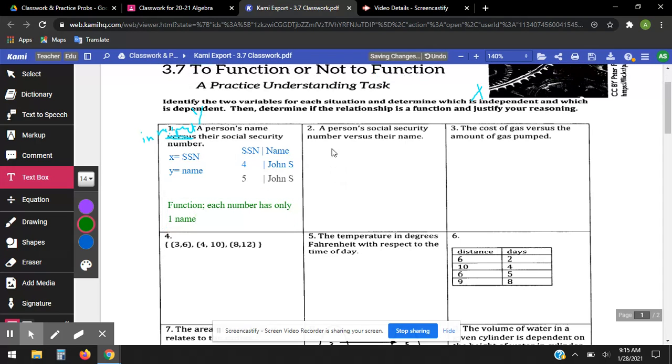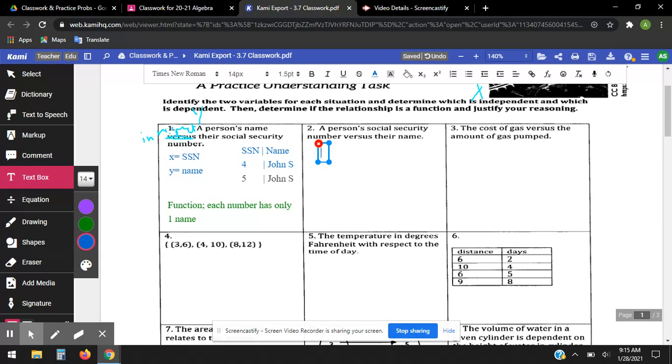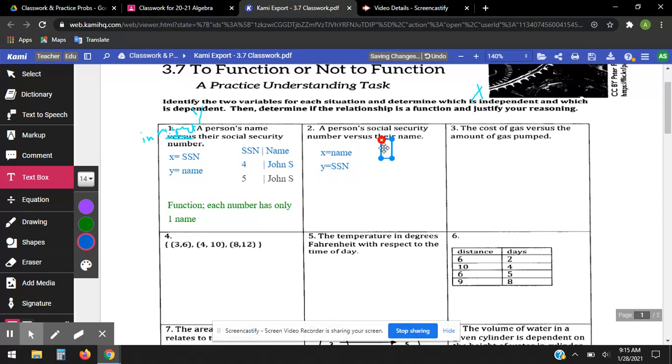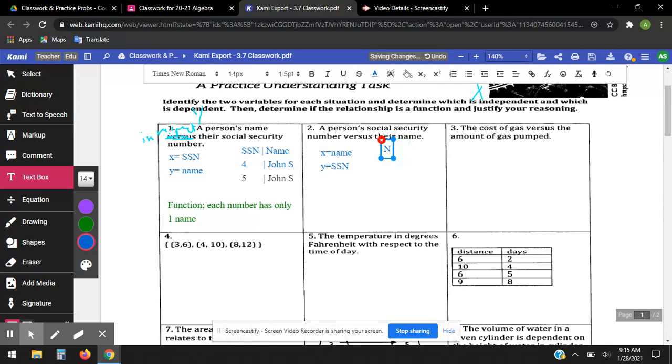All right. What if we switched it around and said the person's social security number versus or in respect of their name? Okay, so now we're saying x equals the name, y equals the social security number. Now when we do our table, we have the name first and then the social security number.